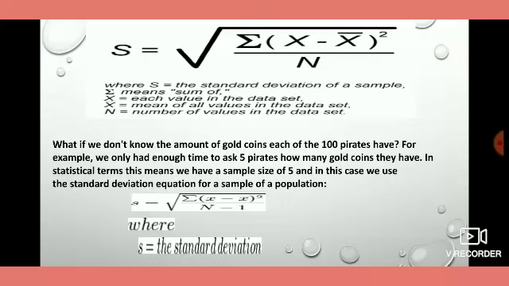Okay, so what if we don't know the amount of gold coins each of the 100 pyramids have? For example, we only had enough time to ask 5 pyramids how many gold coins they have. In statistical terms, this means we have a sample size of 5, and in this case we use the standard deviation equation for a sample of a population.